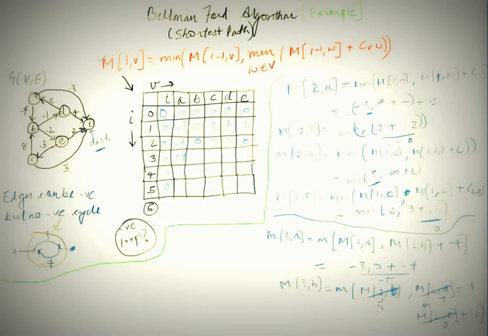So the values are 0, 2, and -2. The minimum of 0, 2 and -2 is -2. So this will be -2.